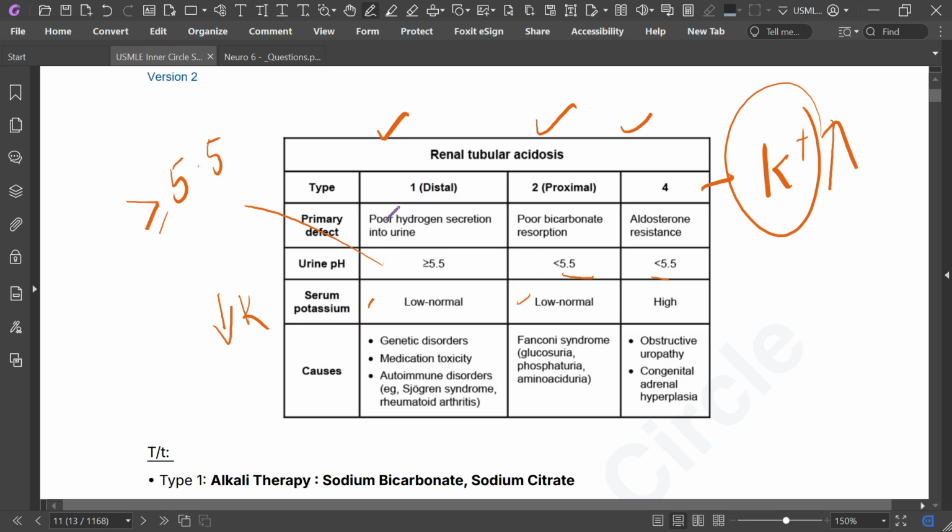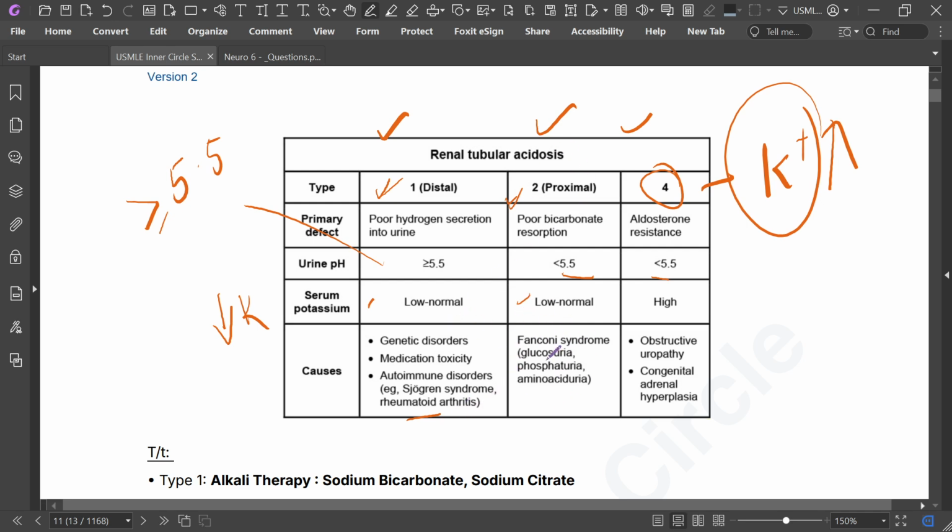In type 1 there is poor hydrogen secretion into the urine. In type 2, poor bicarbonate reabsorption, and type 4 is aldosterone resistance. Causes of renal tubular acidosis: genetic disorder, medication, autoimmune disease such as Sjogren's.